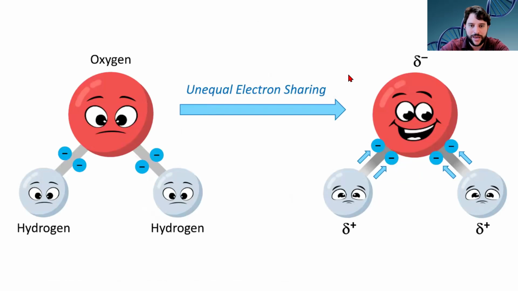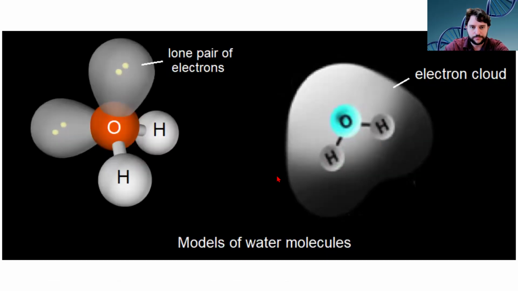So again, we have an unequal distribution and unequal sharing of electrons. We see here that the oxygen has more electrons, or has these electrons closer to the region, to this cloudy region of the atom. And the hydrogen is more positive, on the other hand. Okay, it's very simple, this model.